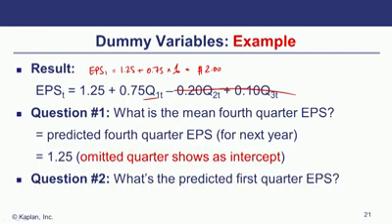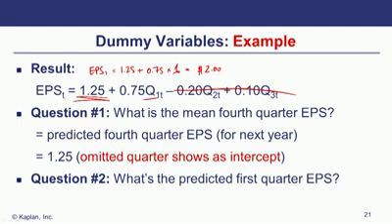So that's the answer for the first quarter. If you think about it, it's all measured relative to the reference point, which is the fourth quarter. So this number is your reference point.